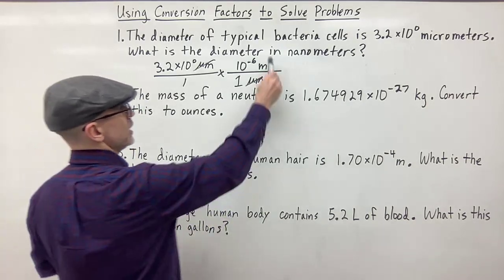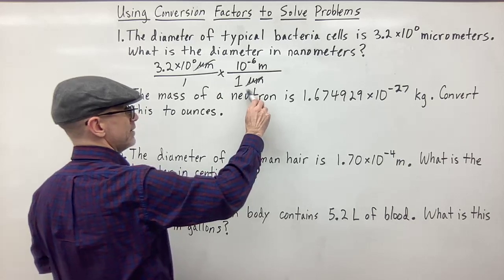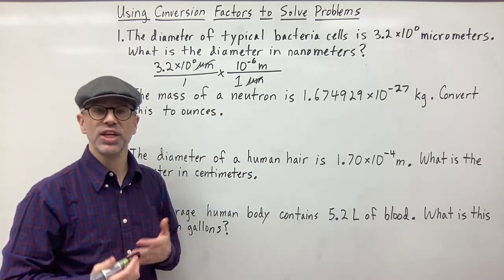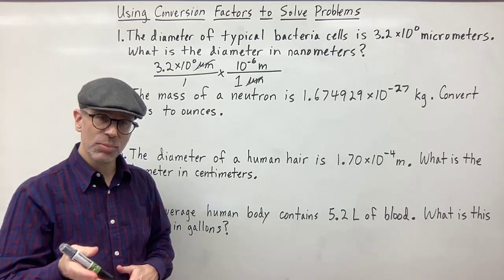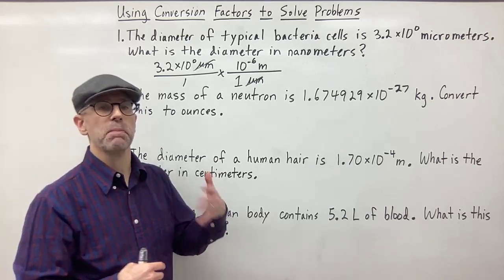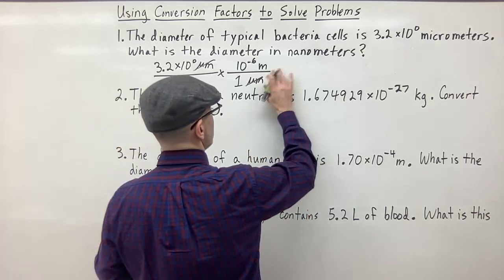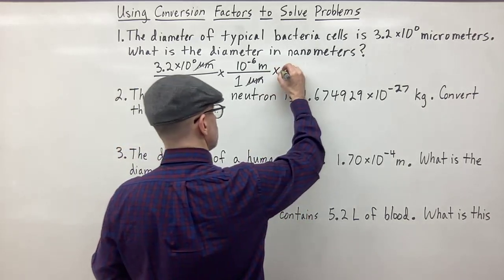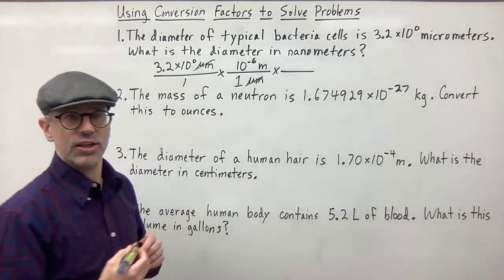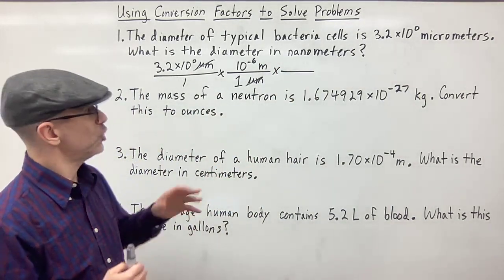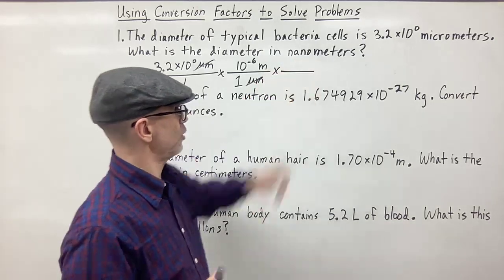Again, just to reiterate, I got this from the fact that I know that micro means 1/1,000,000th of. So 1 micrometer is equal to 1/1,000,000th of a meter. And now that I have that, I'm going to convert the base unit to the other prefix unit, in this case nanometers.